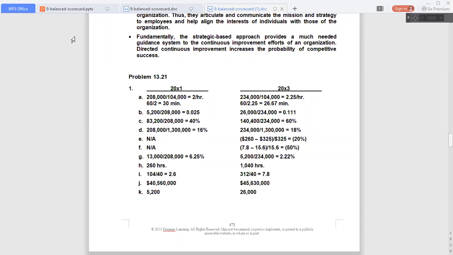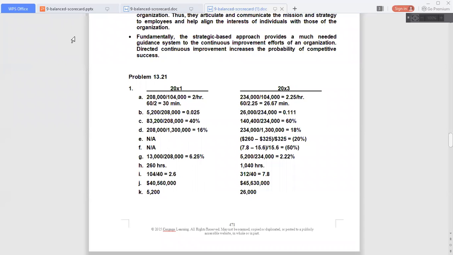Okay, now we have letter J. The question is total revenue. We now have 40,560,000, and column 2, 45,630,000.